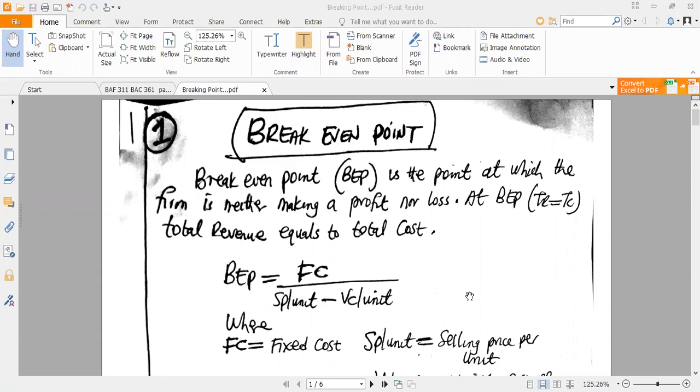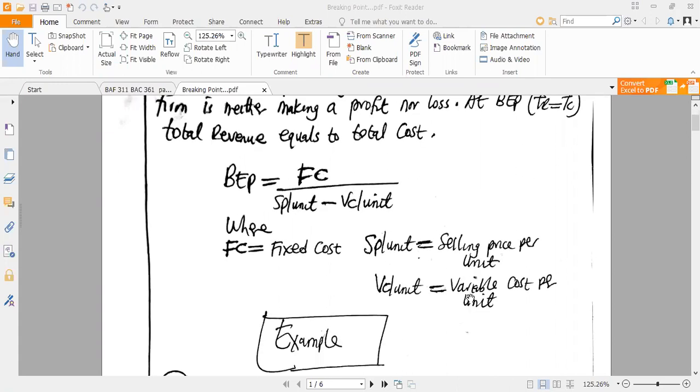So break-even point in units is equal to the fixed cost over SP per unit, the selling price per unit, minus VC per unit, the variable cost per unit. So this is how you get a break-even point.